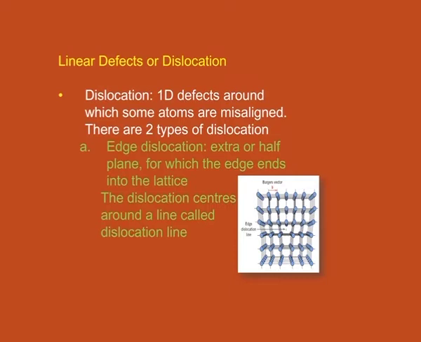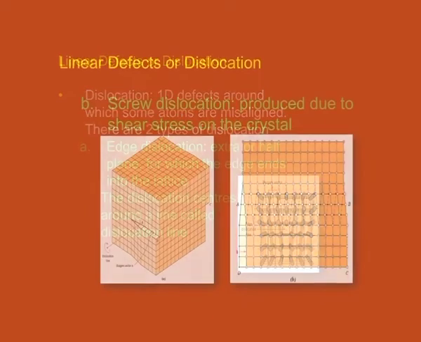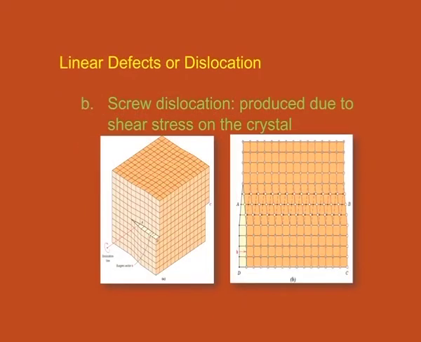As you can see in the figure, there is a plane of atoms which ends midway in the lattice structure, and the dislocation centers around a line called the dislocation line. The second type of one dimensional dislocation or linear defect is screw dislocation, which is mainly produced due to shear stress on the crystal.